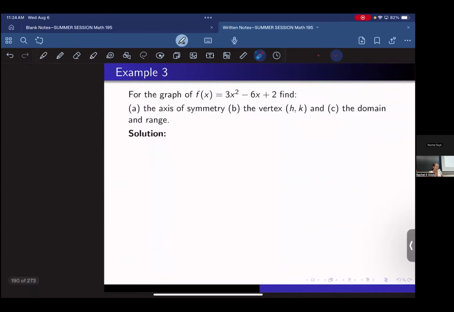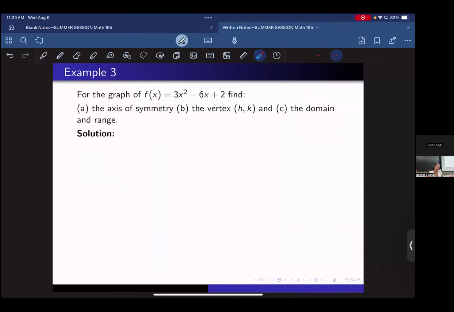In example 3, we're asked to calculate the axis of symmetry, find the vertex, and then find the domain and range. Very similar to our example 1. Part A, axis of symmetry, x equals -b over 2a. This is our h coordinate of our vertex.